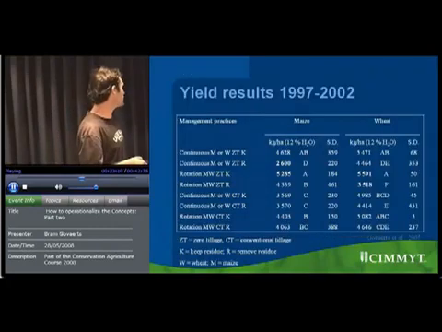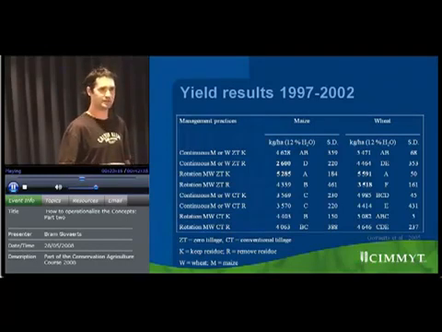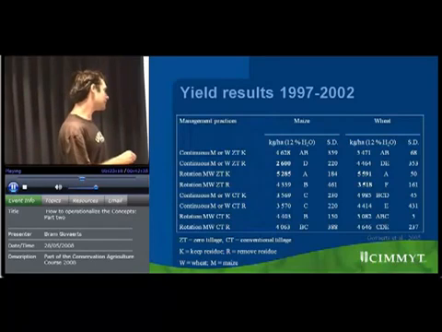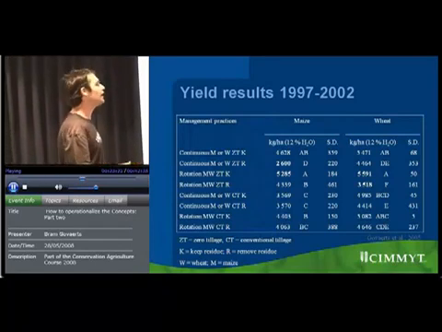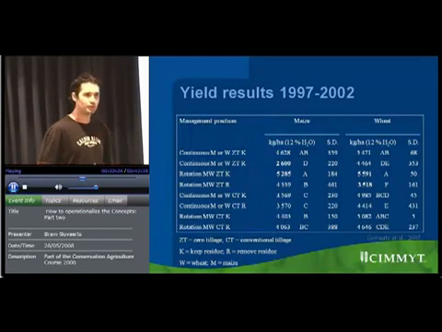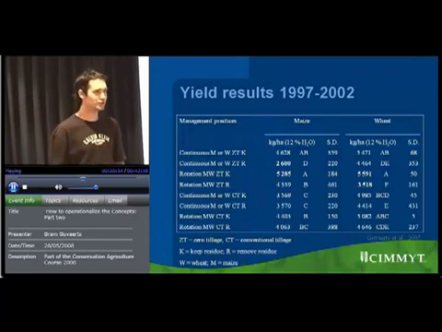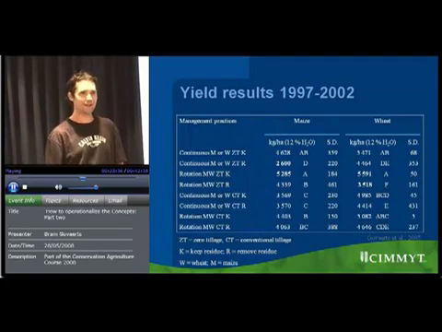If we look at the yield results, continuous maize zero-till, removing the residue, 2.6 tons a hectare. Rotation maize wheat zero-till, keep the residue, conservation agriculture, 5.3. Now that's more than double. You more than double the yield just by doing the right agronomical practice. Now there is no breeder in the room, so I can easily say it. What I'd like to say to breeders then is, give me a next variety that has a yield improvement of 100%.